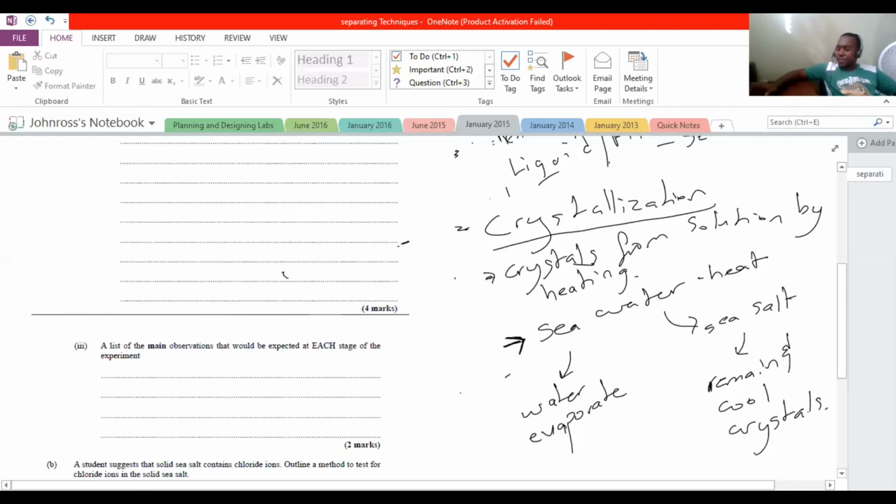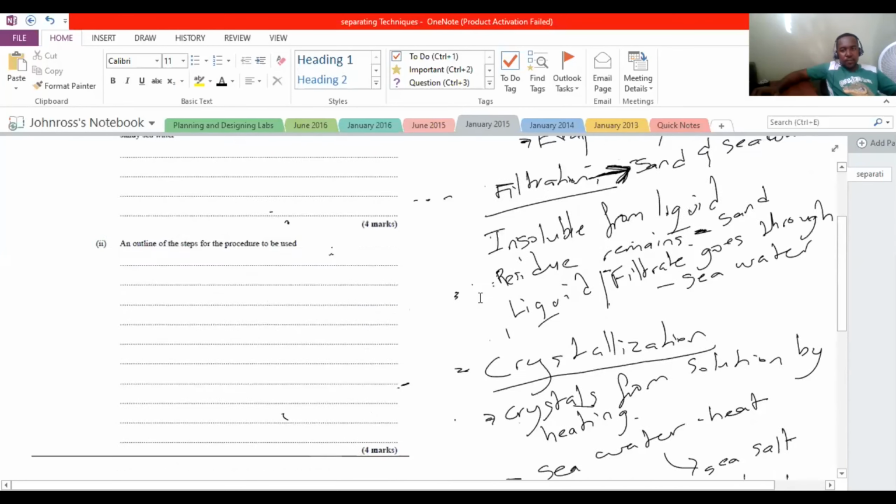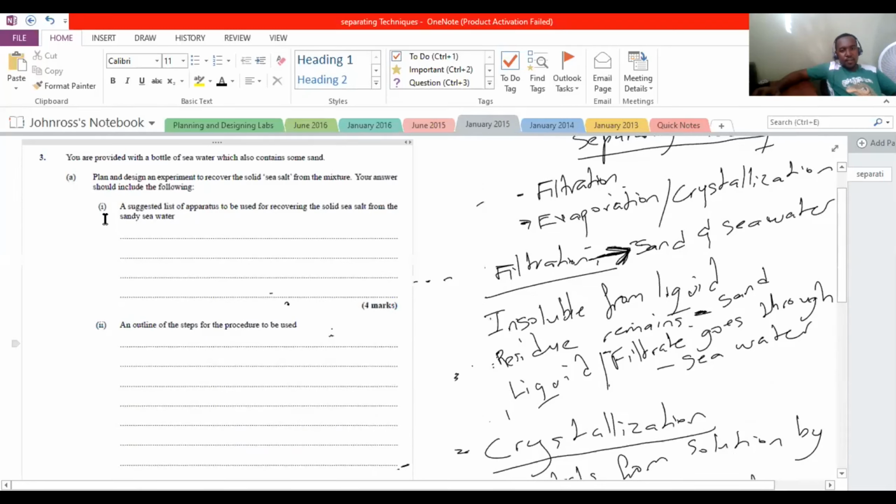All right, so we have all the information we need now from our two sections of the separating technique. So let's answer the questions. The first part says a suggested list of apparatus to be used for recovering the solid sea salt from the sandy seawater.